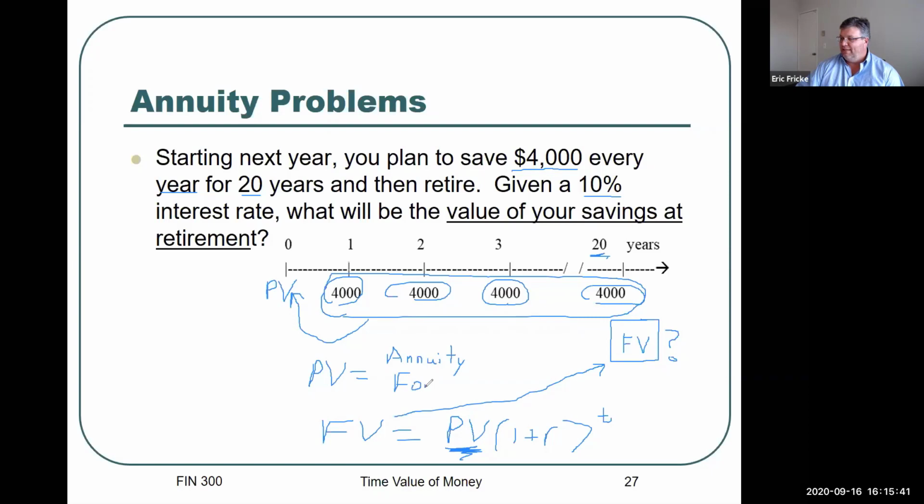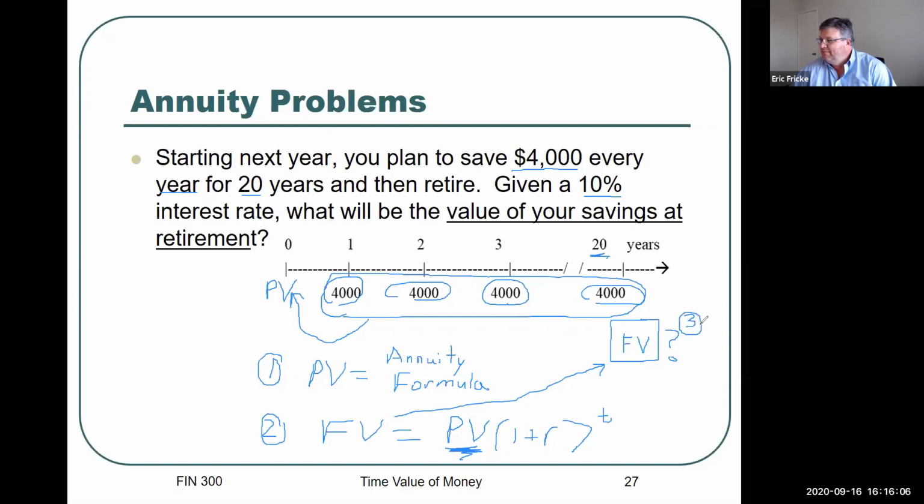So it turns out to solve this problem, it's kind of a two-step procedure. First, we take the present value of the annuity. That's step one right here. And then the second step, we calculate the future value of that present value annuity, and that will give us our answer over here in step 3.